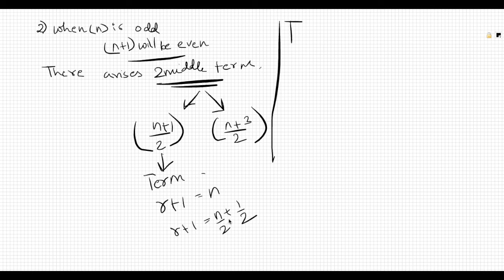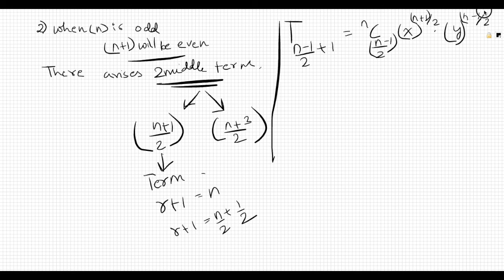When this goes over there, our r becomes n minus 1 by 2, so T is nC(n minus 1 by 2) x to the power n minus (n minus 1 by 2), which gives us n plus 1 by 2, into y to the power n minus 1 by 2.